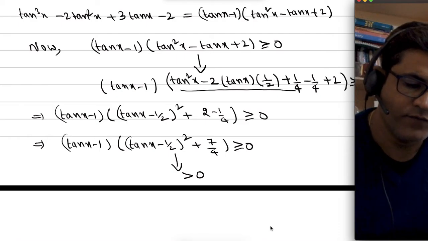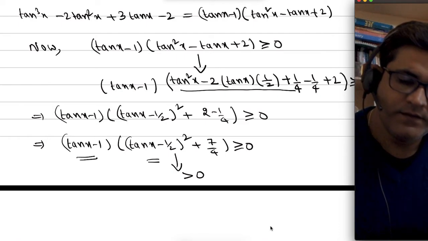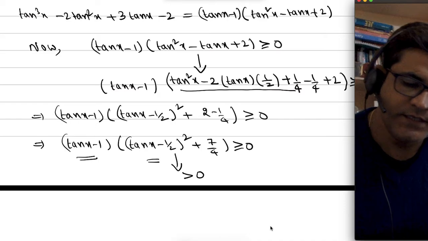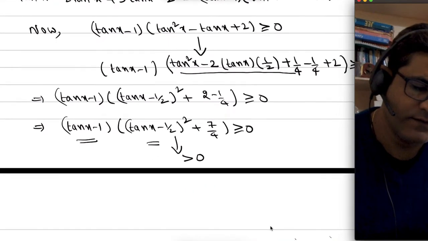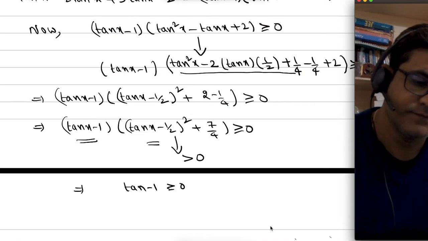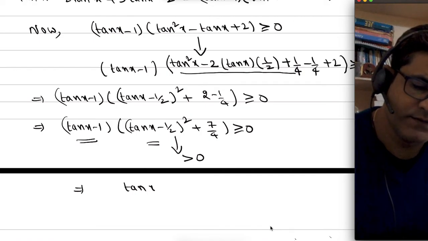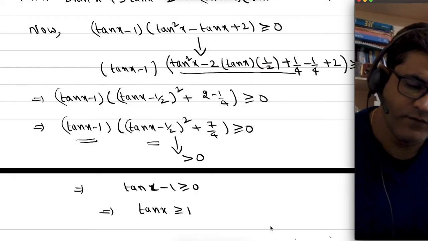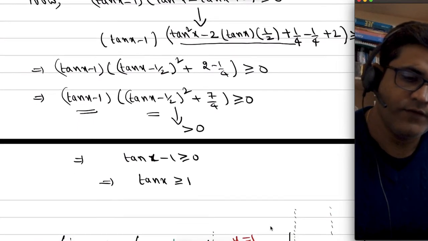Here product of two numbers is greater than or equal to 0, one is strictly greater than 0, then the first factor, that is tan x minus 1, must be greater than or equal to 0. That implies tan x is greater than or equal to 1.